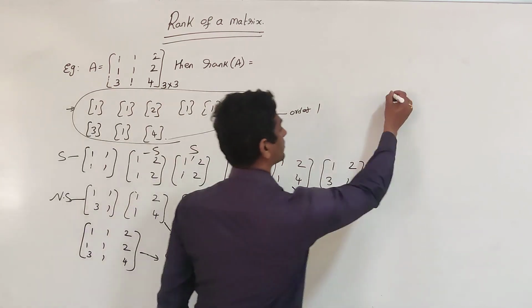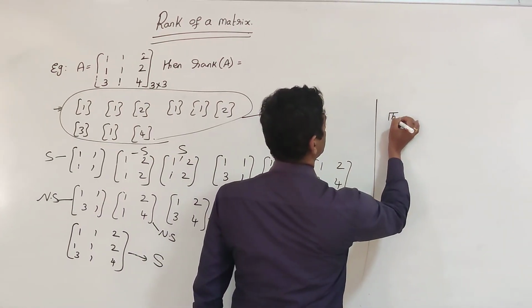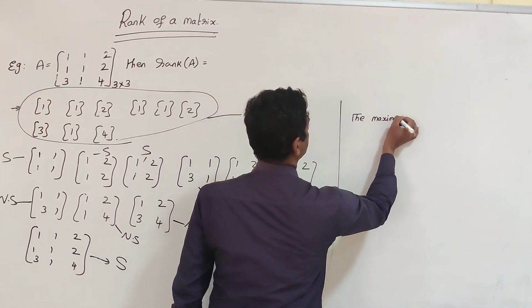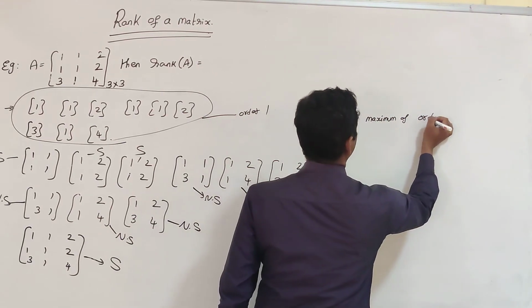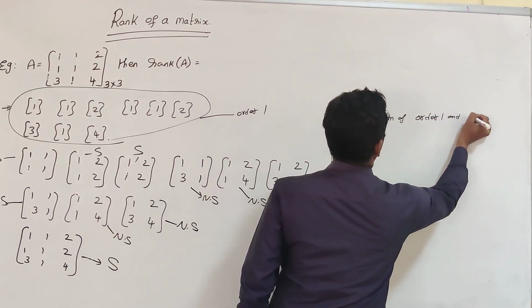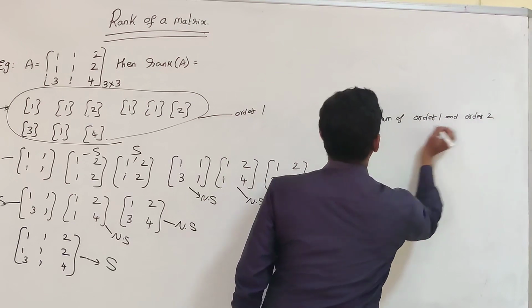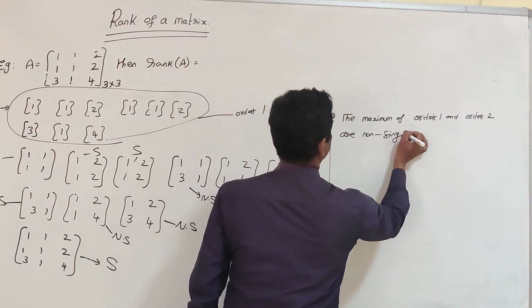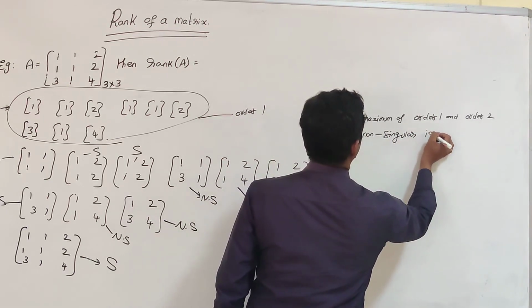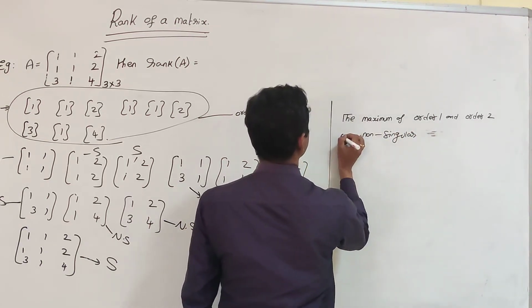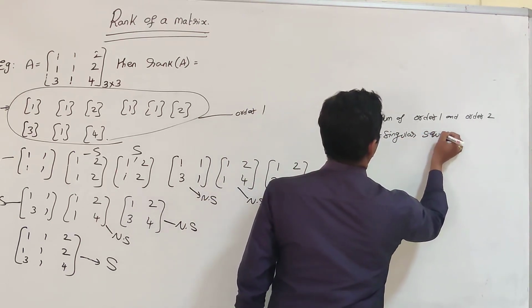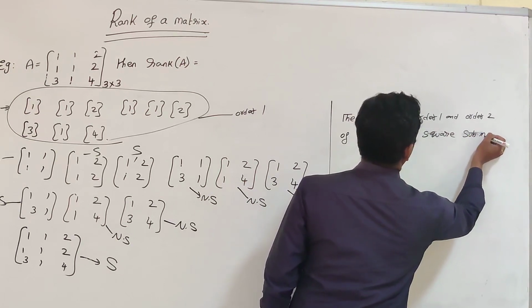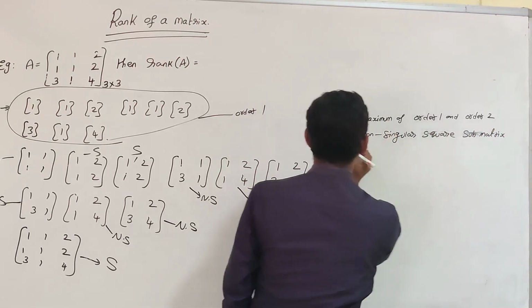So, the maximum order of non-singular square submatrix is what?